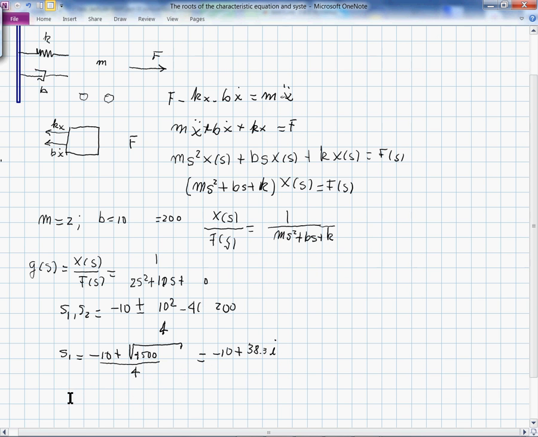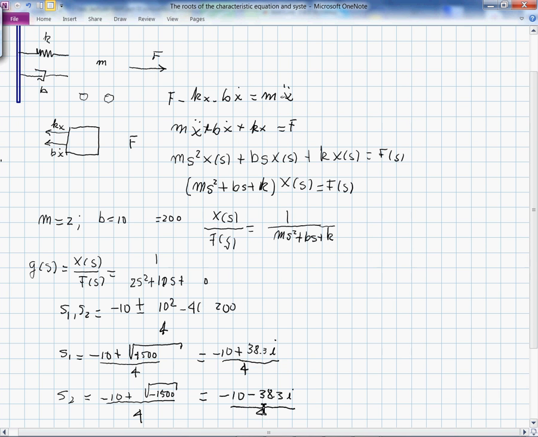And the other one, S2, is going to be minus 10 plus the square root of minus 1500 and then divided by 4. And this is equal to minus 10 minus 38.3i. And of course, we need to divide this by 4. See?